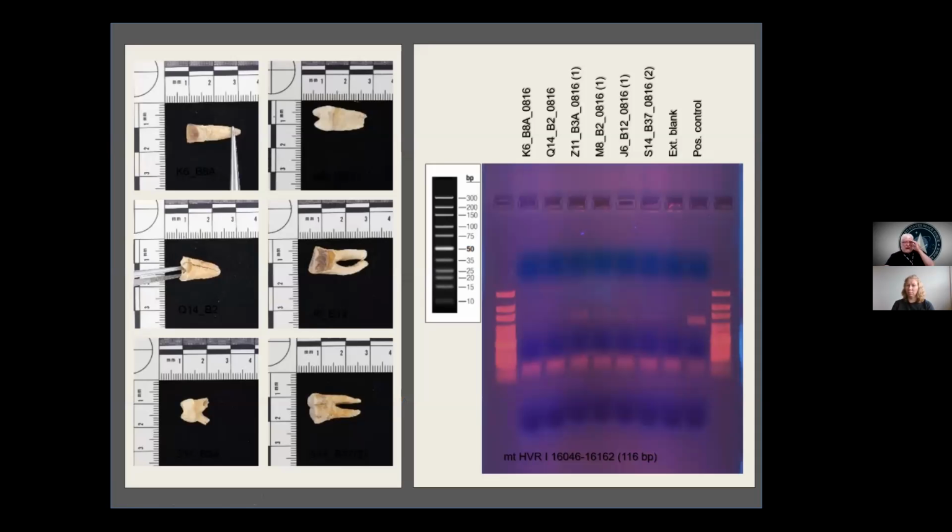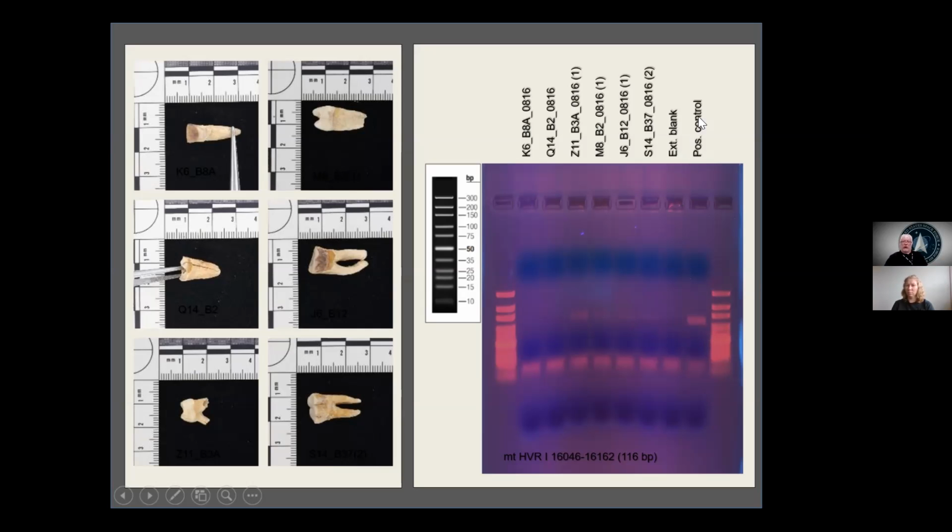And so we looked across. What you see on the right here is a gel image, and so this is showing you the amount of DNA that is recovered and can be amplified in a PCR reaction from some very degraded samples. And you can just barely see the very faint bands here that show us that we're able to recover DNA signal out of samples that are varying levels of alteration.